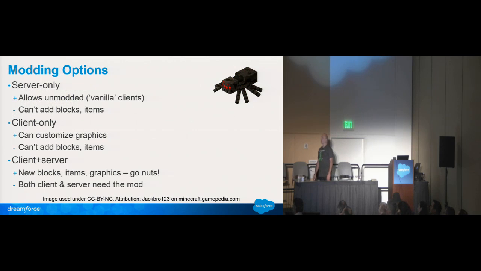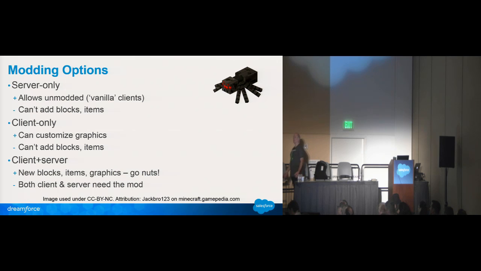When you're building these modifications, there's different ones you can build. You can build server-only mods, and that's really cool because you can run a server doing fun stuff, and anybody can connect to it with the vanilla game and start to play. So you can change the behavior of the world without having to distribute changes to all your players.